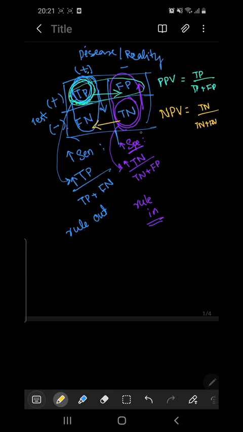Here we can simply say that the test gives us a negative result, but what are the chances that it has predicted the negative diseases or the disease-less states? So again, for sensitivity, we go down. For specificity, we go up. For positive predictive value, we go to the right, and for negative predictive value, we go to the left. And the truth is always on top.